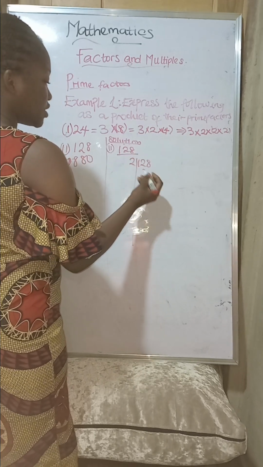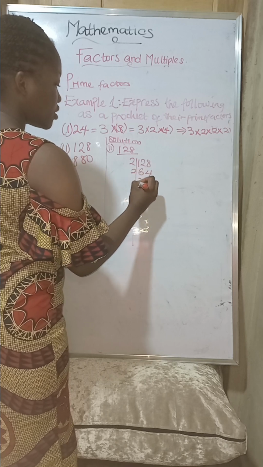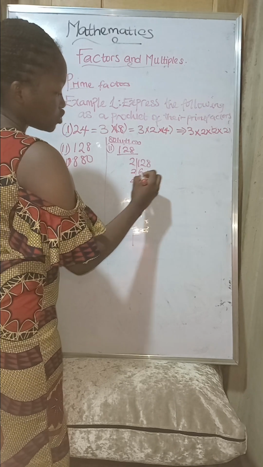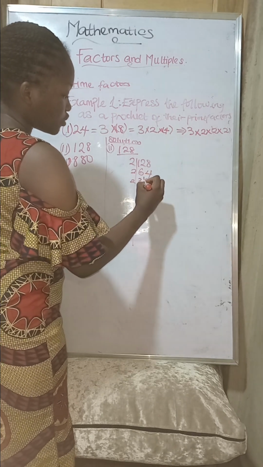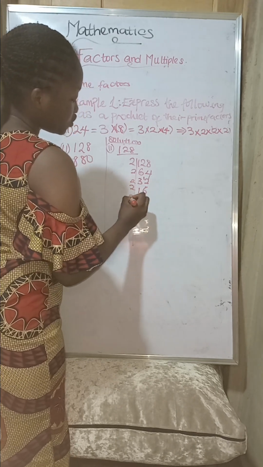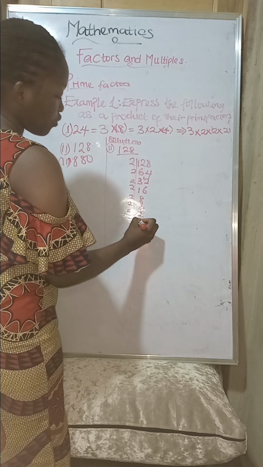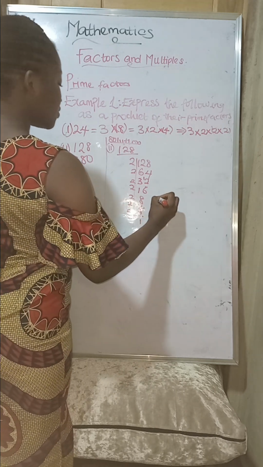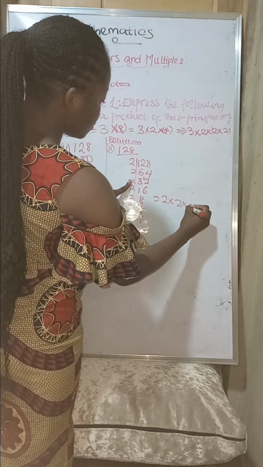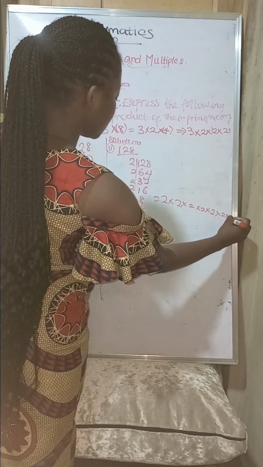So 2 divided into 128 is 64, 2 divided into 64 is 32, 2 divided by 32 is 16, 2 divided by 16 is 8, 2 divided by 8 is 4, 2 divided by 4 is 2, 2 divided by 2 is 1. So that means this one is what? 2 times 2 times 2 times 2 times 2 times 2 times 2.